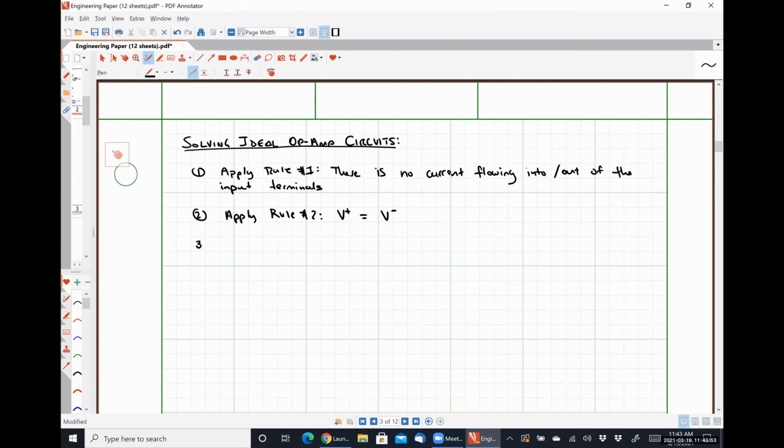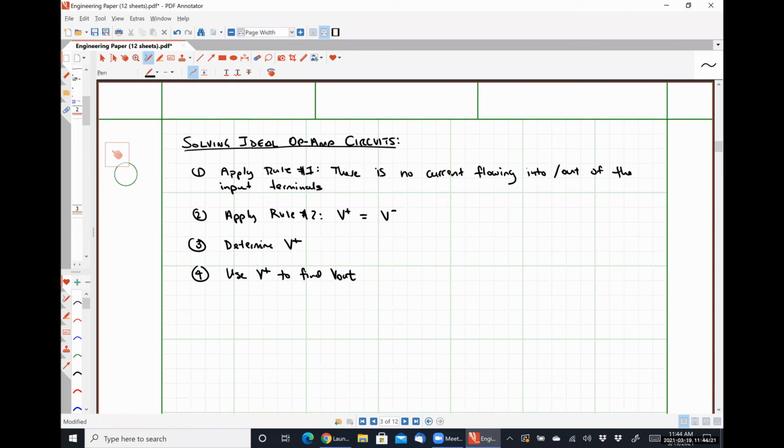Step 3, determine V plus, the voltage present at the non-inverting input terminal. Step 4, use V plus to find V out.